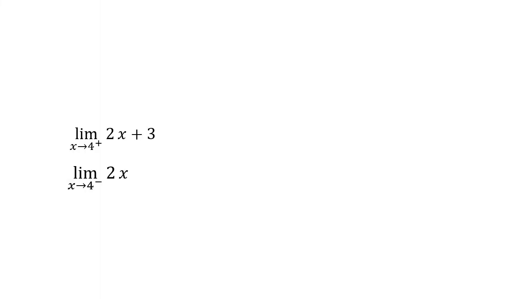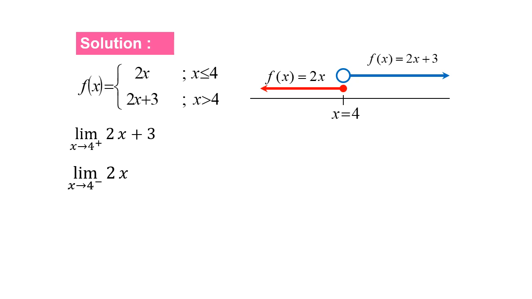Okay, so first of all, we write down or sketch the function on the number line. We can see the left side of x equal to 4 and the right side of x equal to 4 have different functions. For x less than or equal to 4, this is the left side of the value 4, so we denote the function as 2x.